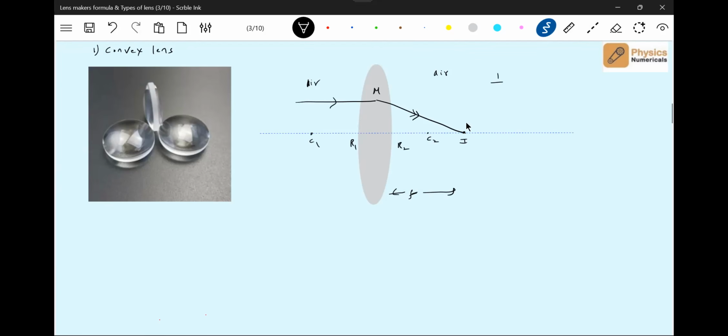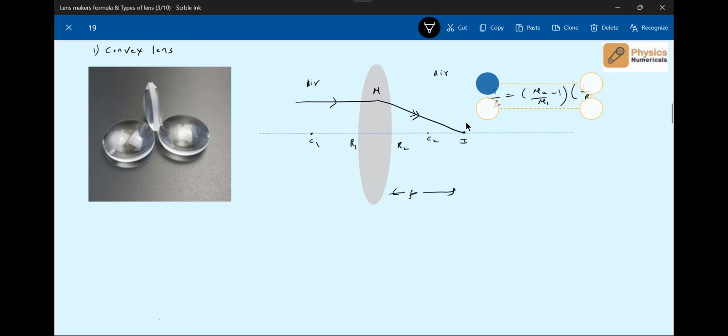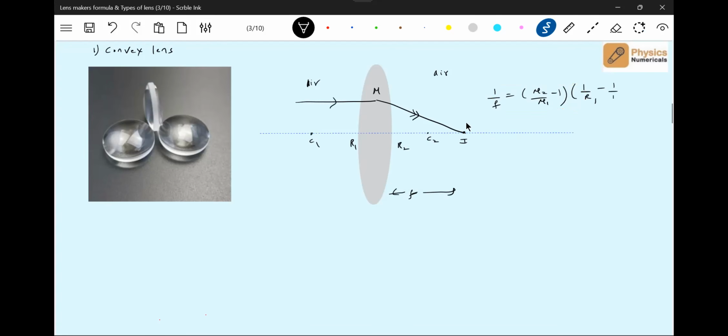According to the lens maker formula, we have mu2 by mu1 minus 1, into 1 by R1 minus 1 by R2. Here mu2 is mu, and mu1 is 1. So what is the focal length?